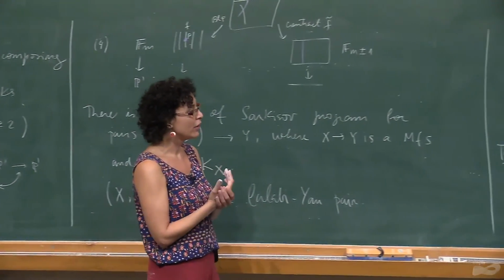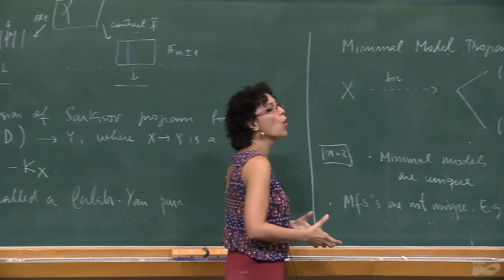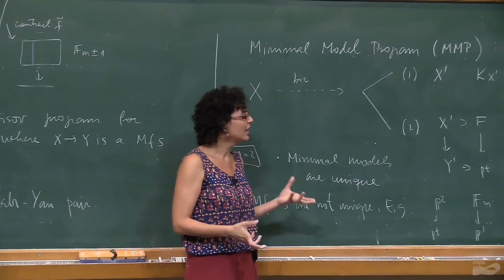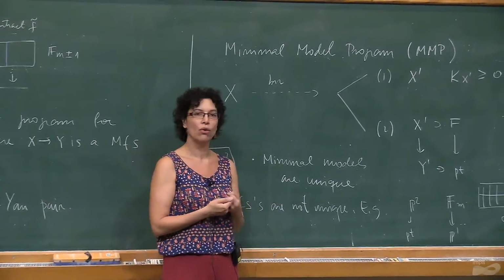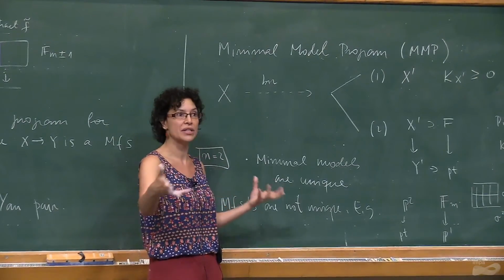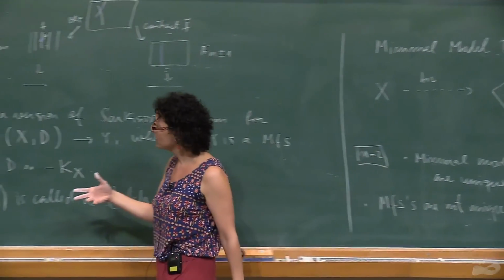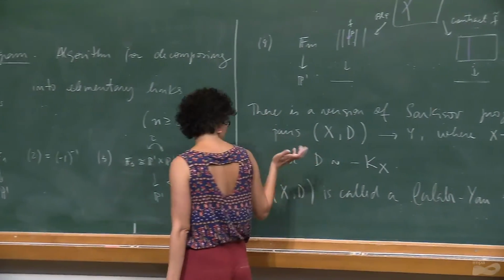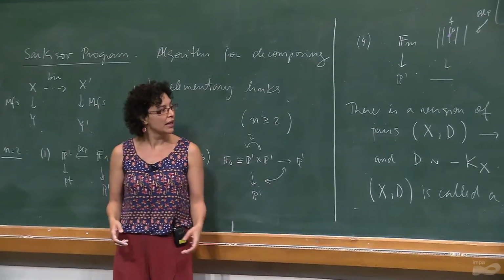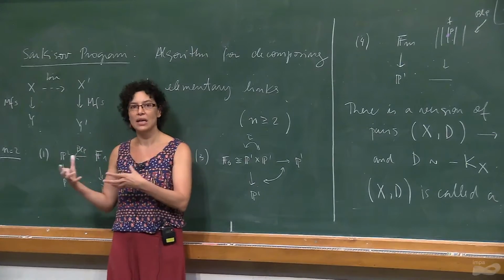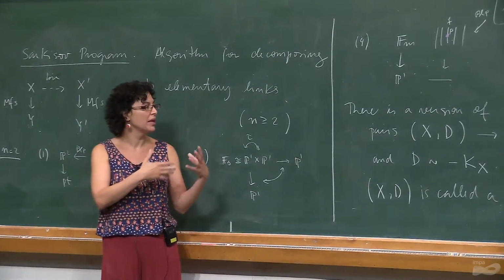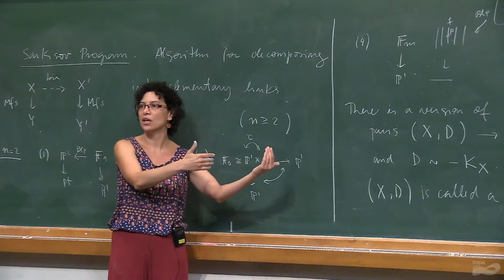In the case of theorem A, we show that there is no possible link. So you cannot even start your decomposition, your factorization. And in the case of theorem B, we actually write down precisely all the possibilities for the decomposition into Sarkisov links.